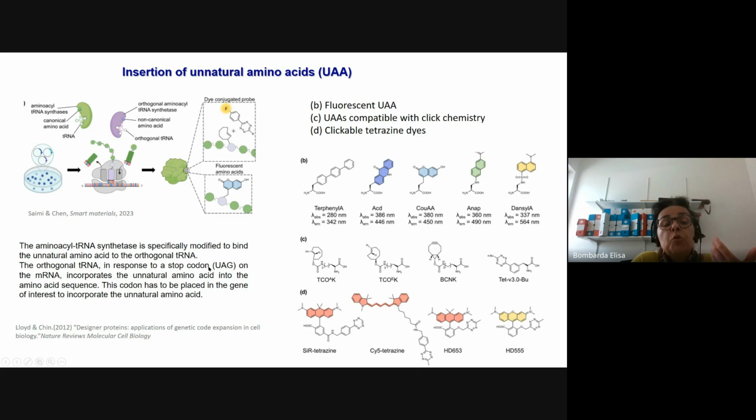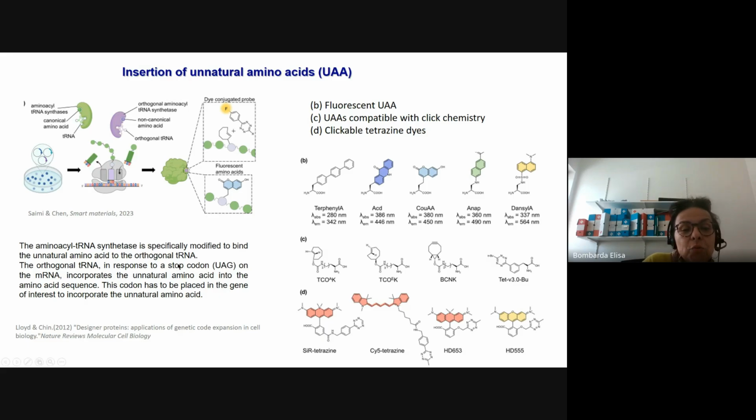So a codon is attributed to this tRNA, which of course should not correspond to any other amino acid. If not, the game cannot be played.